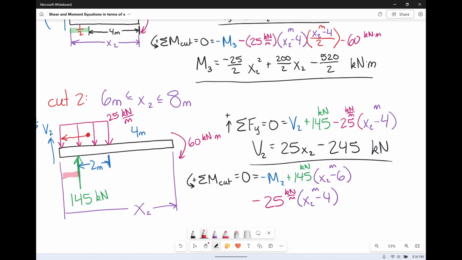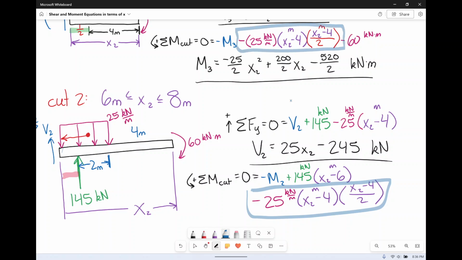Well, guess what? It didn't change. It is still, if you call this distance x2 minus 4, you need to divide that by 2. Yep, it actually didn't change. So whereas that might at first have seemed like it was going to be disgusting, it's not. It is still x2 minus 4 divided by 2. And you know what that is? Let me give you a nice sneak peek here. This is right here.